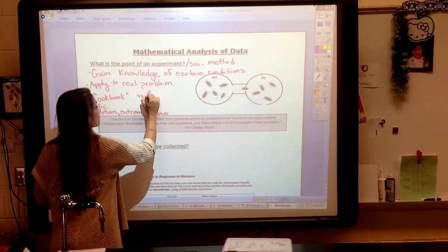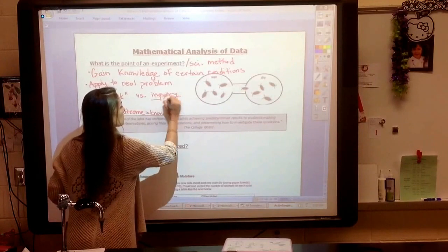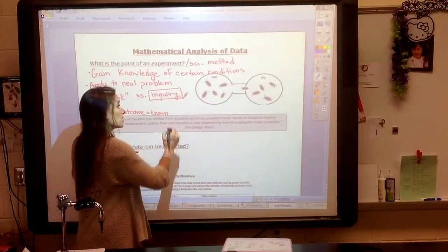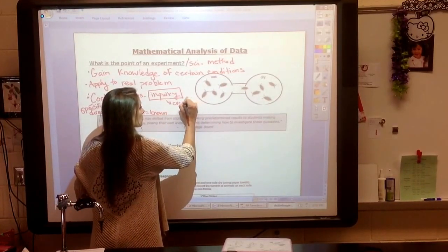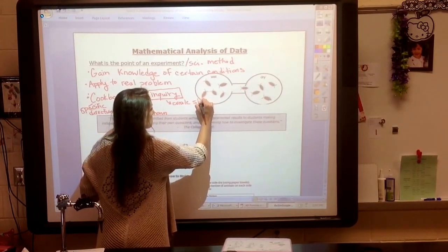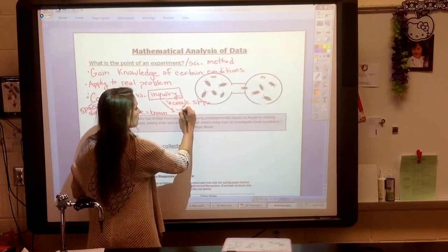Versus what we're going to be doing this year, which are called inquiry labs. Inquiry labs are where you're creating the steps, and the outcome is unknown.